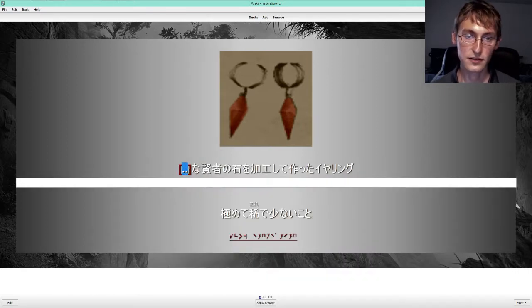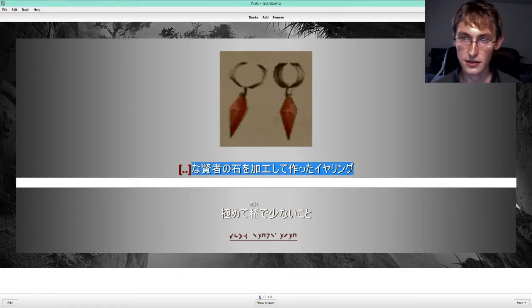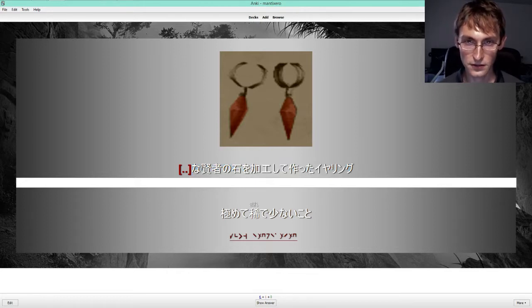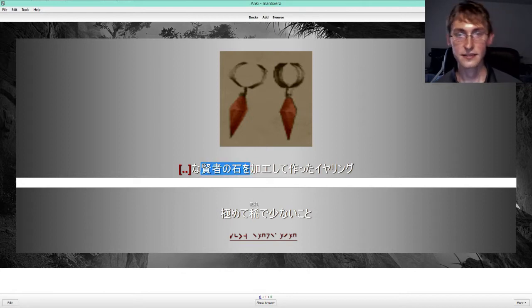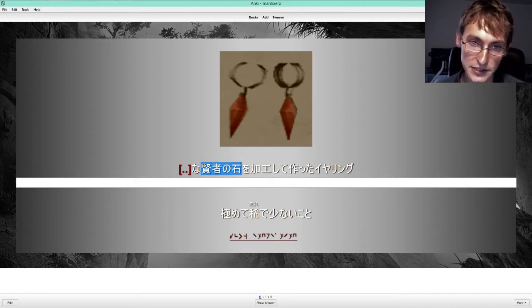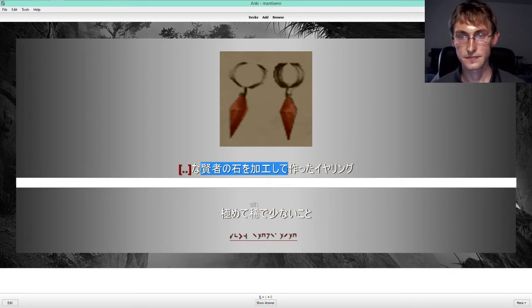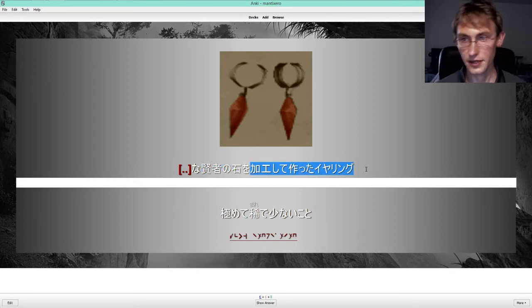So this one is a 2-character answer. な賢者の石を加工して作ったイヤリング. So it is a wise man's stone, or a sage's stone, or it's earrings that have been made from processed sage stones.